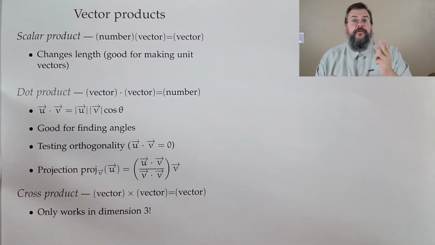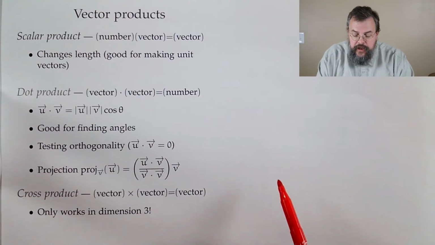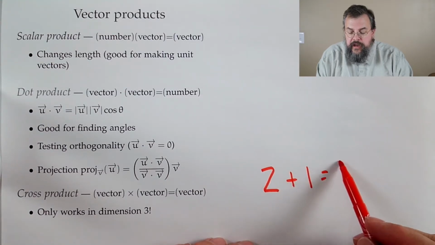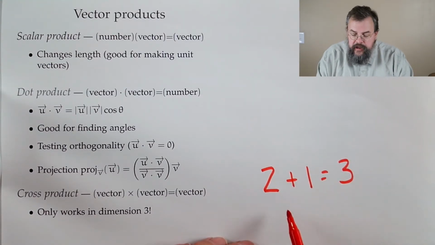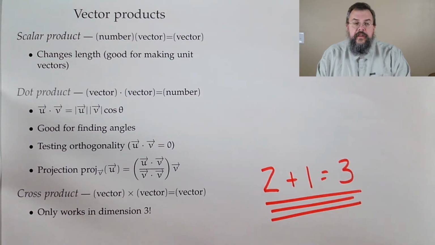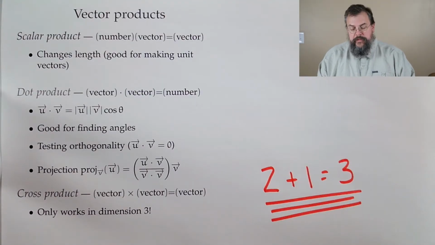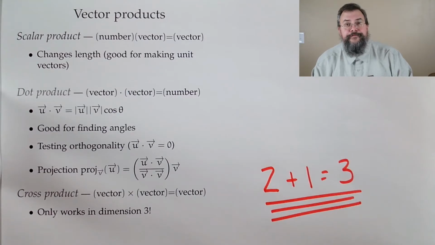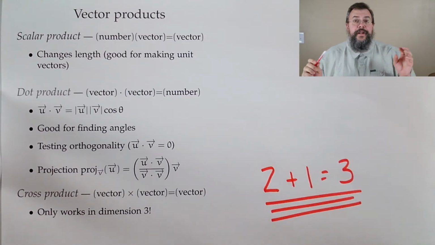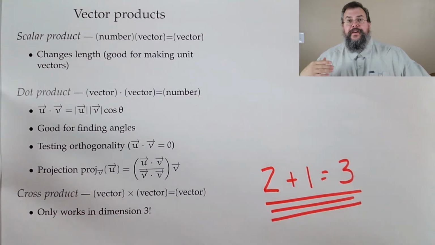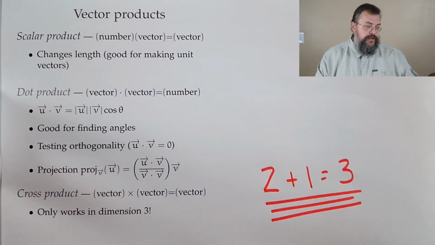It turns out that 3 has this beautiful property where if you take 2 plus 1, you get 3. And this equation here is the reason why the cross product only works in dimension 3. Now you might think, that doesn't really seem like much of an equation. But we'll get into it in just a moment and explain why the 2 and the 1 equaling 3 says that it only works in dimension 3.